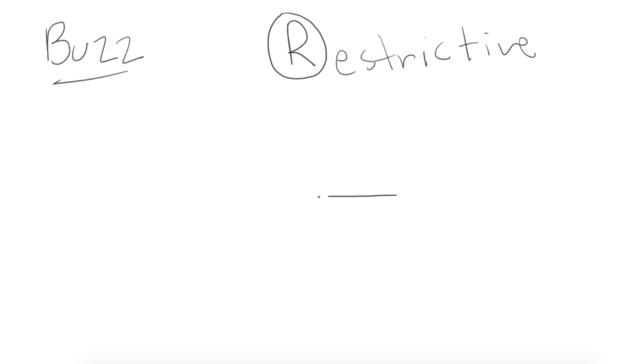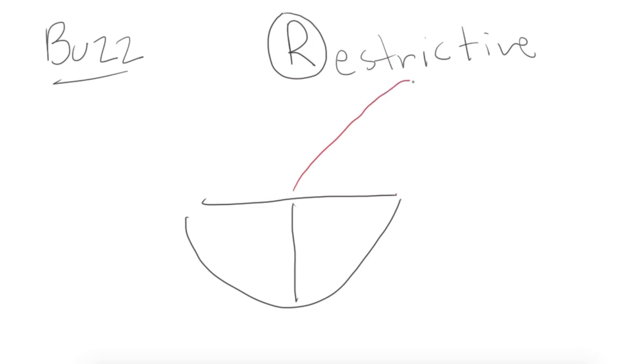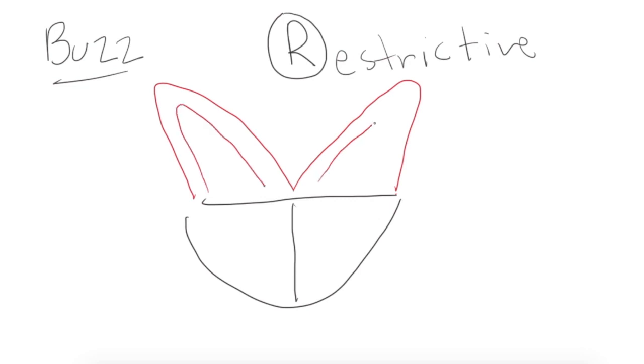Next, let's draw up a heart here. I'm going to draw just the ventricles. And I'm going to get red, and I'm going to draw the atriums like bunny ears. And I'll do a thick ventricle here.